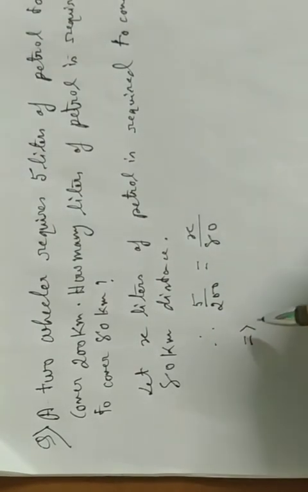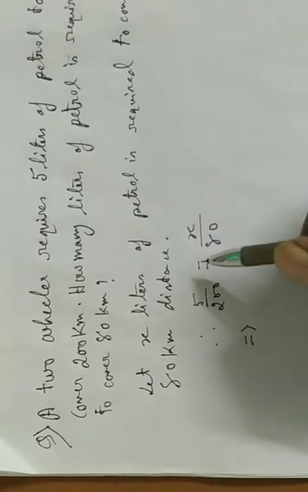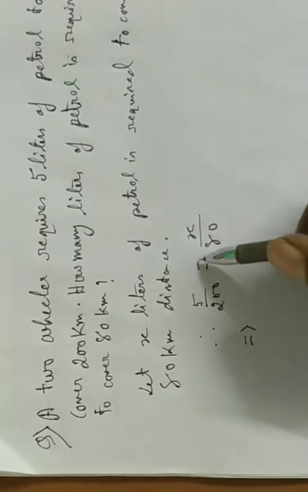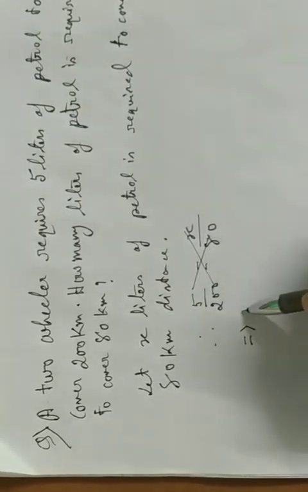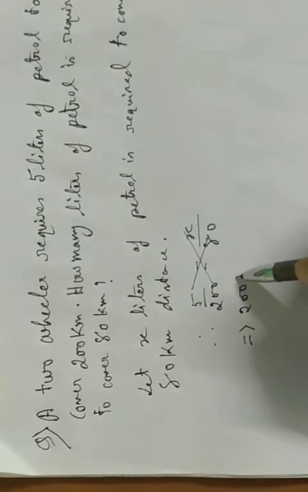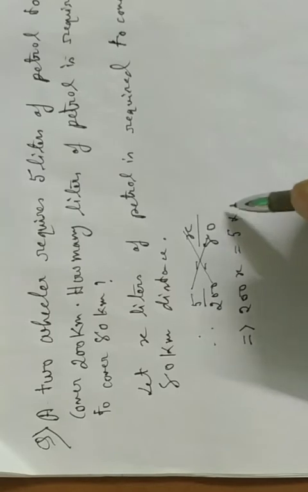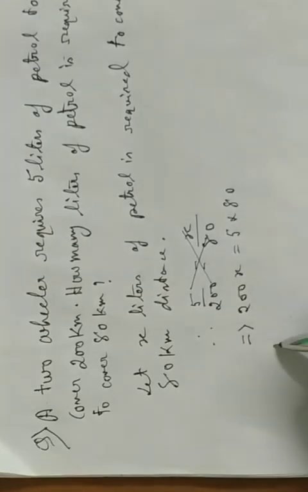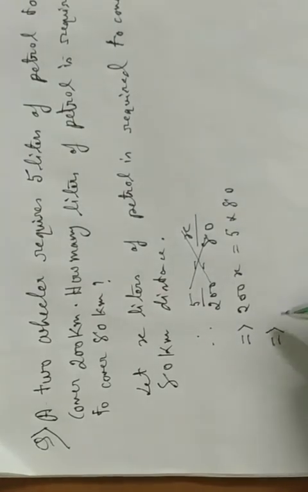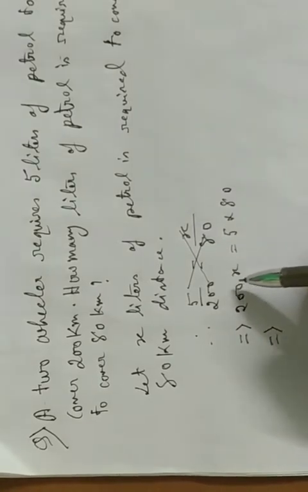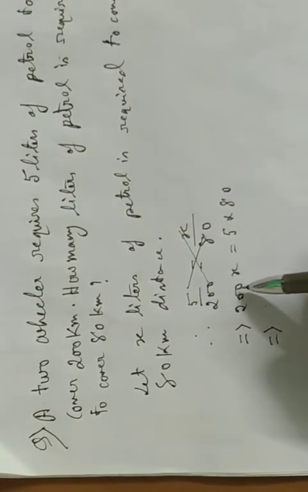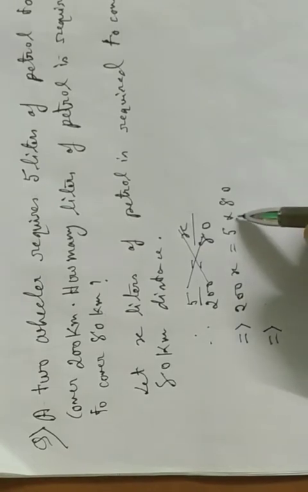So cross multiplication, all of you have done it. 200 into X, 5 into 80. So we are to find X. 200 is multiplied with X, so it will go to this side by dividing.